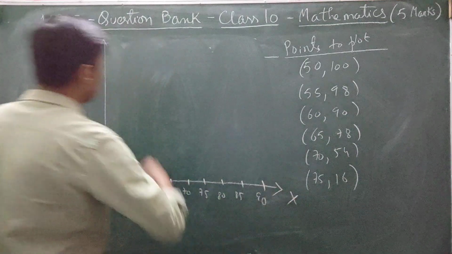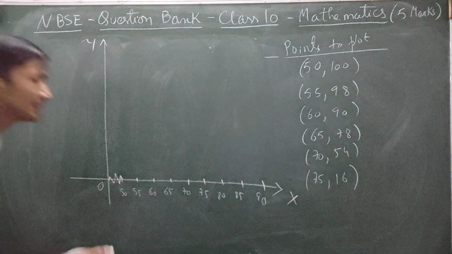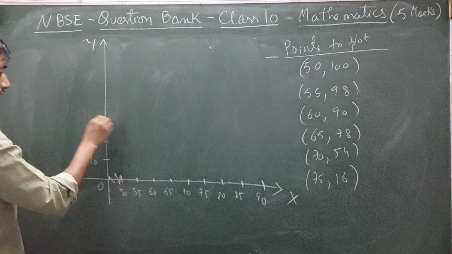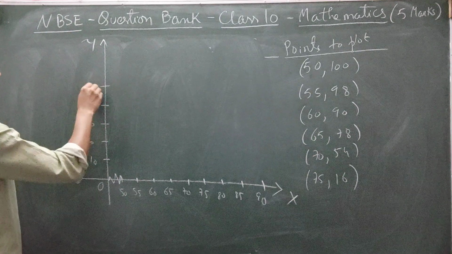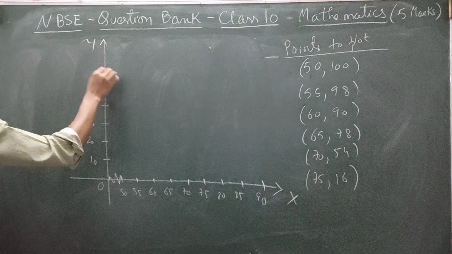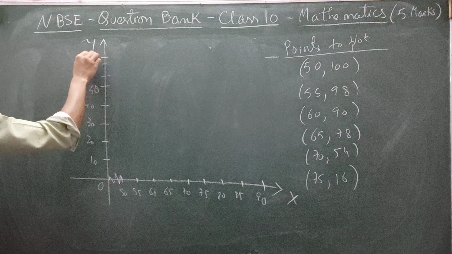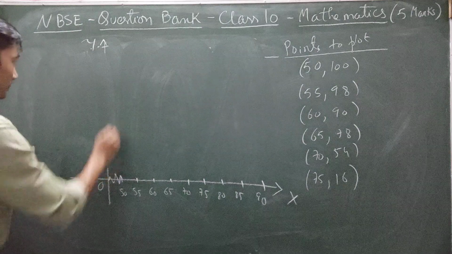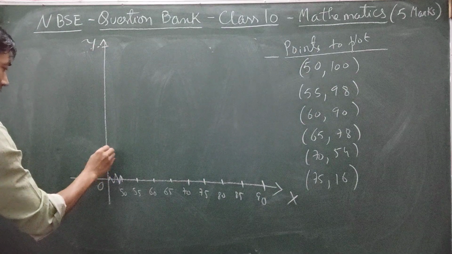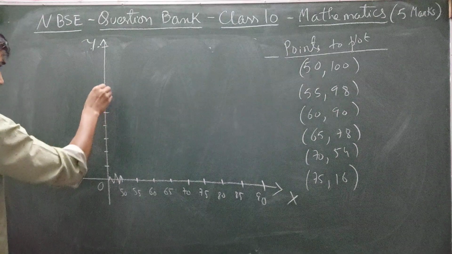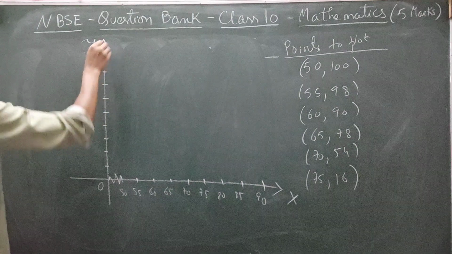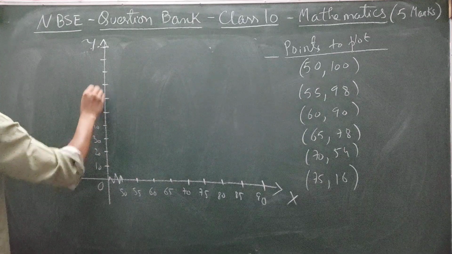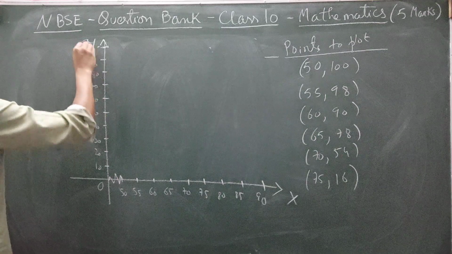This is the x-axis. On the y-axis, you can take the scale on your own. You can take 10 each also: 10, 20, 30, 40, 50, 60, 70, 80, 90, 100.